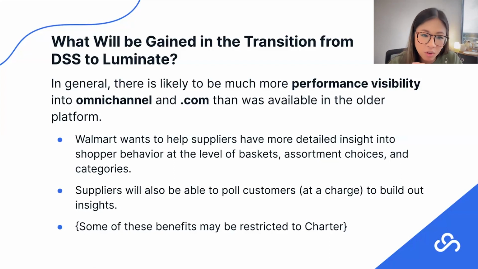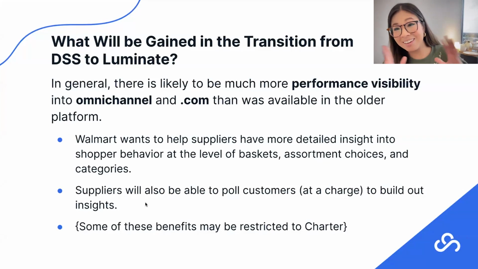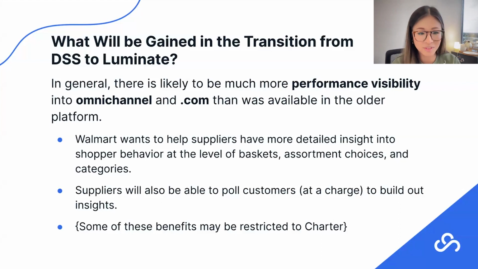So, Walmart is hoping that suppliers will be able to have more detailed insight into shopper behavior at the level of baskets, assortment choices, and categories. I thought this was pretty interesting. They're starting to lean into the category and shopper insight side. So if any of you have utilized Nielsen or IRI in the past, they're really trying to encroach on their territory a little bit, which is interesting.